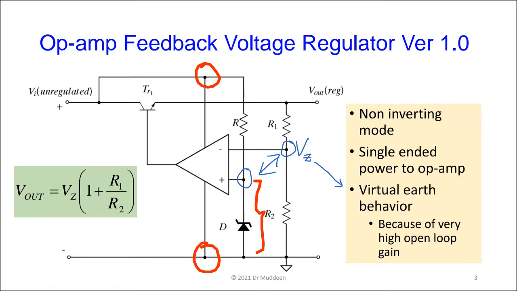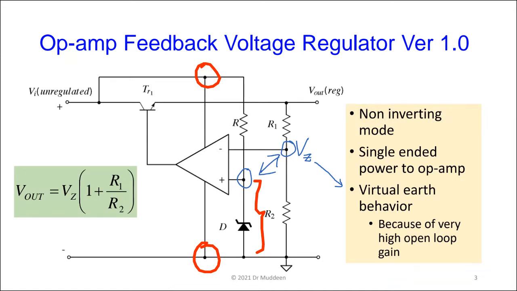irrespective of that and not necessary to know, you would have heard about the virtual earth behavior of the op amp. It is basically created because the op amp has an extremely high open loop gain. When you don't connect anything to it, the op amp has gains of the order of 10 to the power 5, 10 to the power 6 and the like.